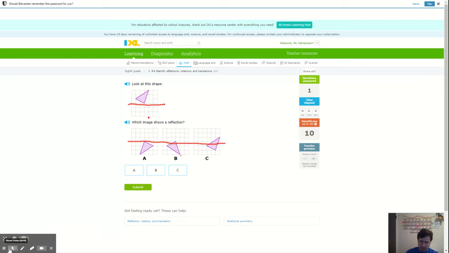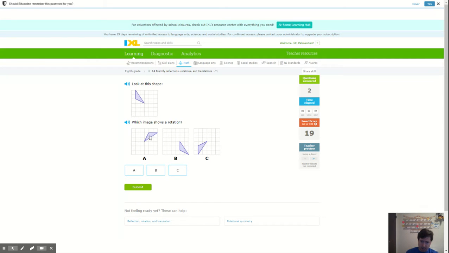Now let's see if we can get a different type of question, one that doesn't ask for reflection. Okay, a rotation. Rotations are a little tough. With rotation, you just have to imagine the shape being rotated around this point right here in the middle. We're looking for one where this piece is going to be rotated and laying this way.